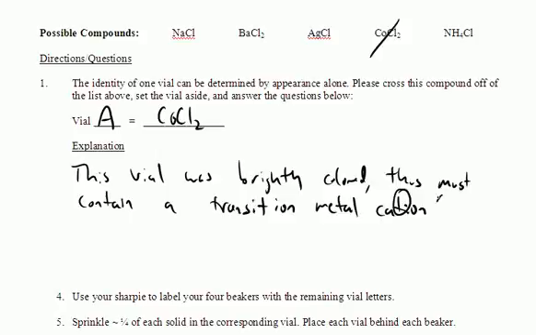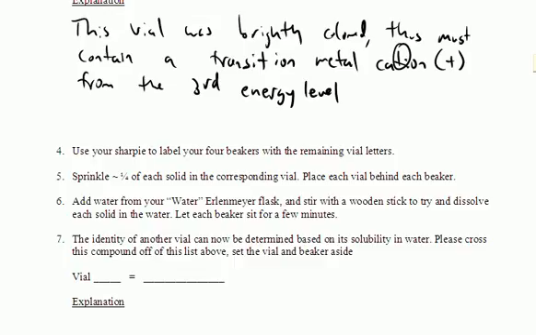Recall that cations are positive, from the third energy level. Now silver chloride was a distractor because silver is a transition metal, but silver is in the fourth energy level of the D block, so that does not count.